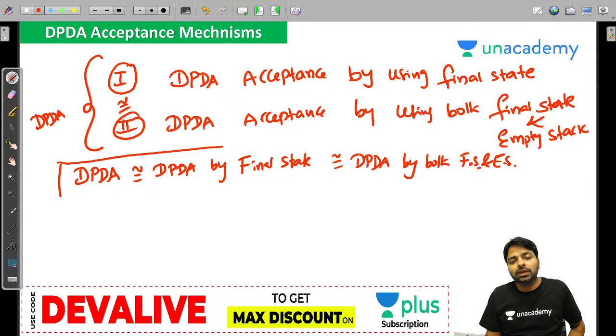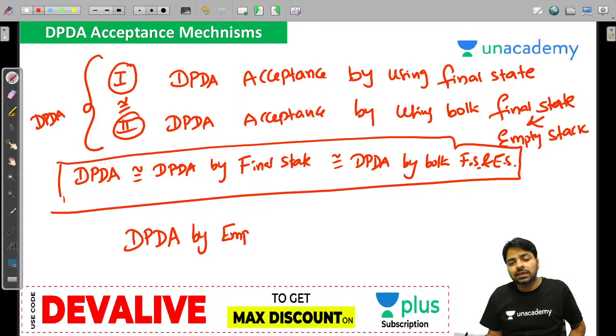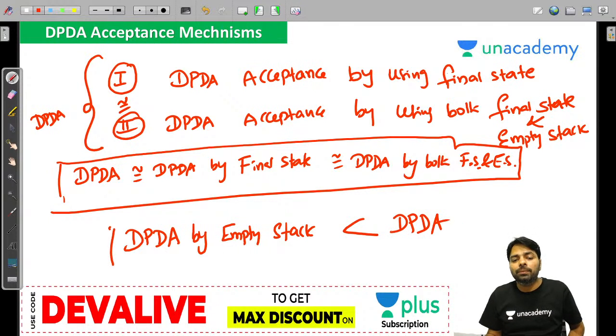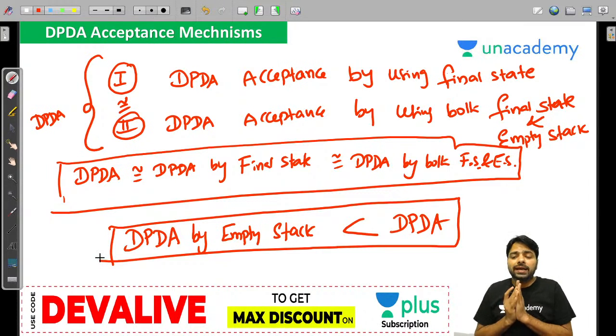But if anybody uses only empty stack, that is very dangerous for you, and DPDA by empty stack is going to be less powerful than actual DPDA. So that's not going to be called actual DPDA. It's less powerful than DPDA. Fine. Why is that? Right now it's very difficult to explain.